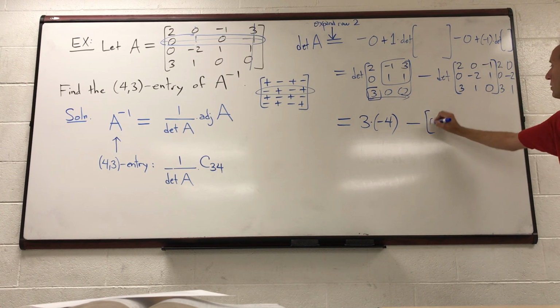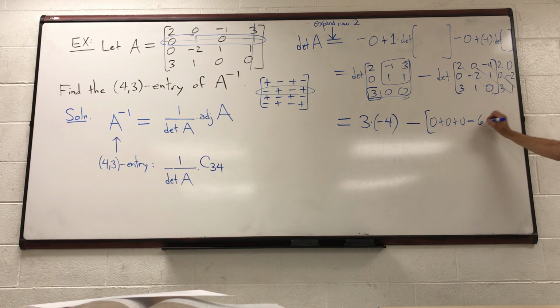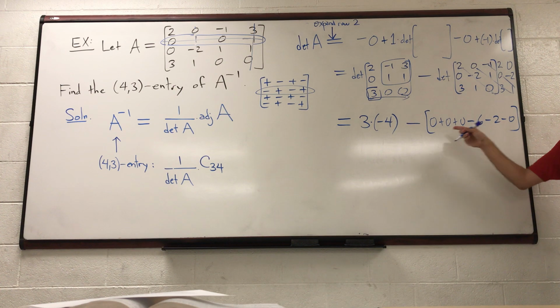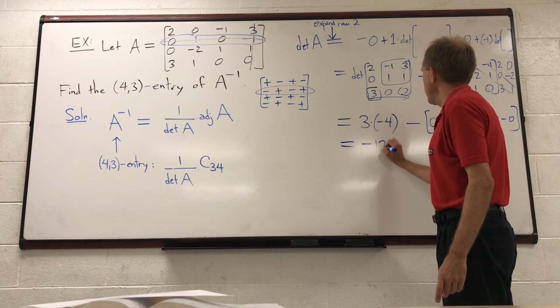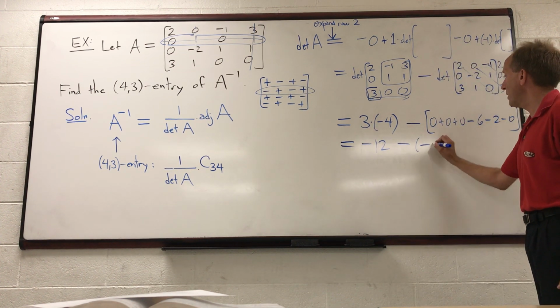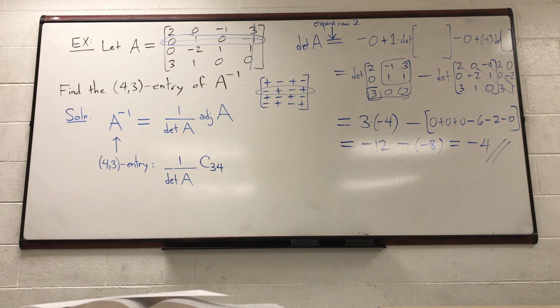So I'm going to get 0 plus 0 plus 0 for the first 3 diagonals, and then minus 6 minus 2 minus 0. So use brackets and be cautious about sign errors. That's generally the most common mistake here. But we get -12 minus -8, which is -4. Okay, so the determinant is -4.